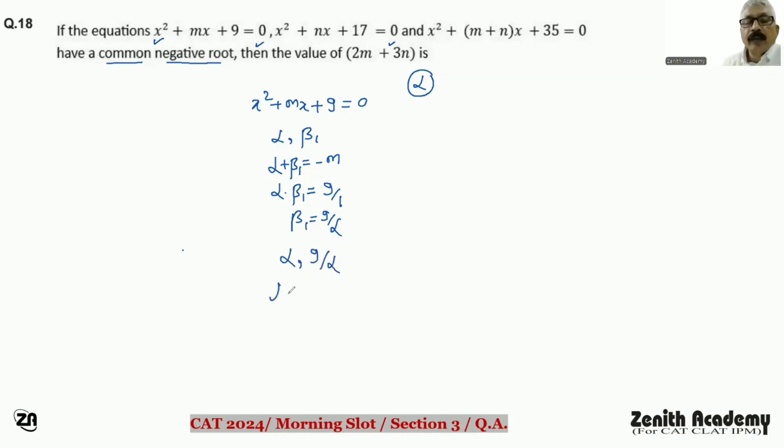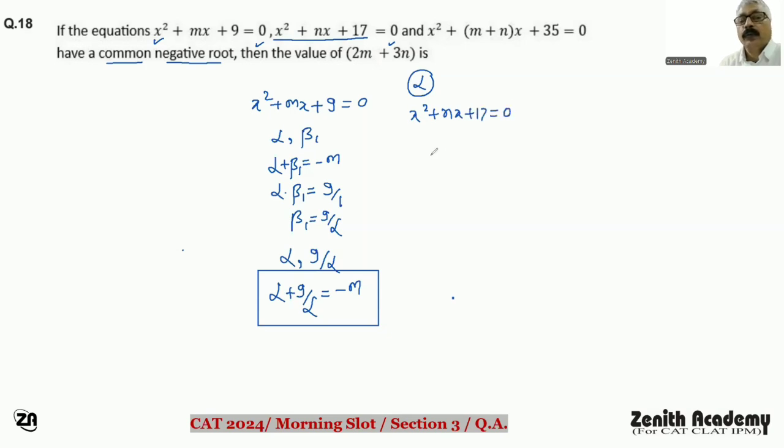It means alpha plus 9 by alpha is equal to minus m. In the same pattern, I can find out, if alpha is one of the roots of x square plus nx plus 17 is equal to 0, so one root is alpha, which is common.